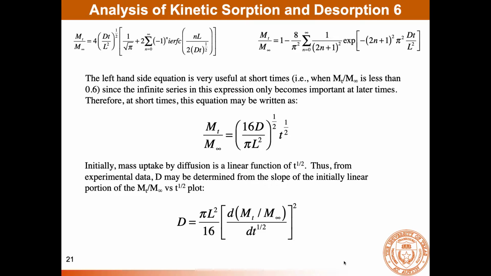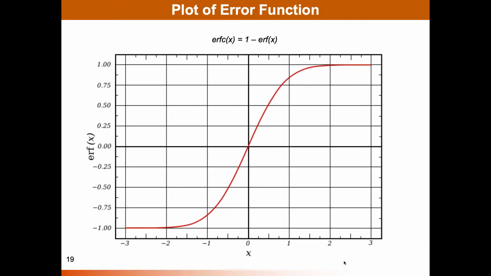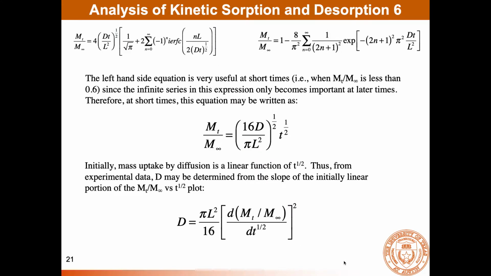And so as time gets very short, this term gets very large, and as the argument of this term gets large, this term of course goes to 0, and the complementary error function as x gets large goes to 1 minus 1, essentially. It goes to 0. So this whole term goes to 0 for large values of its argument.